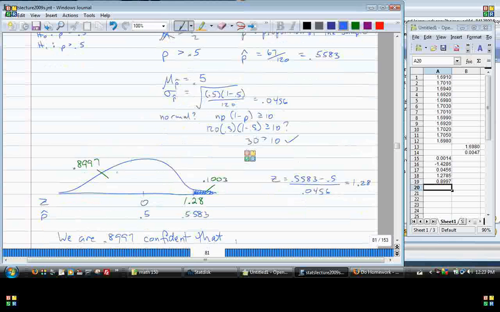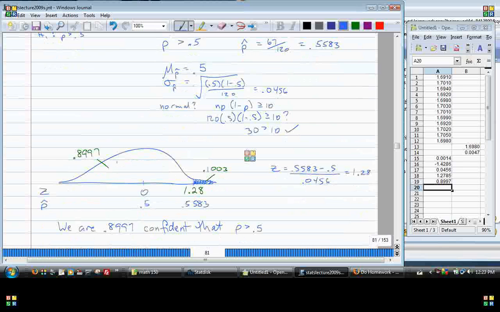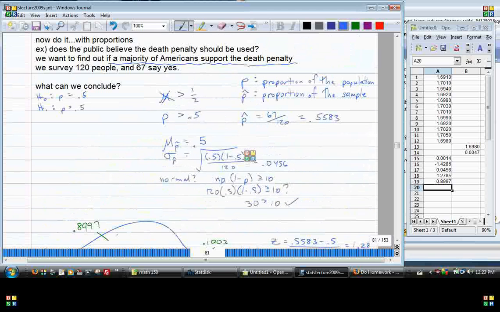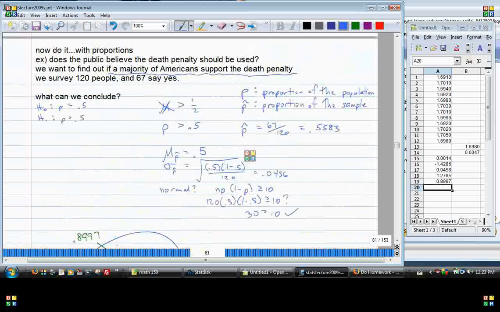P is greater than 0.5. Okay. And for this problem, I'd like to also convert this into English in terms of the original question. So we're 0.8997 confident that what? There you go.